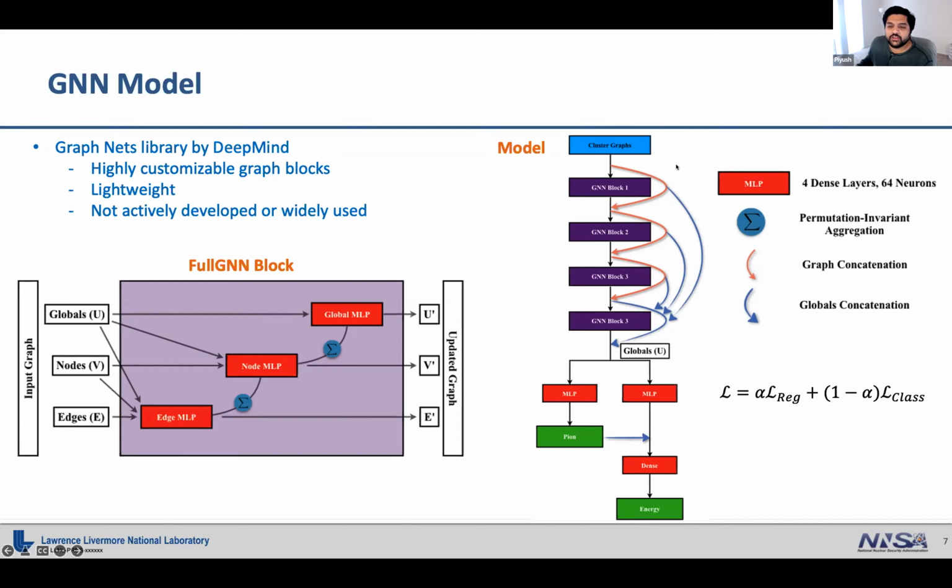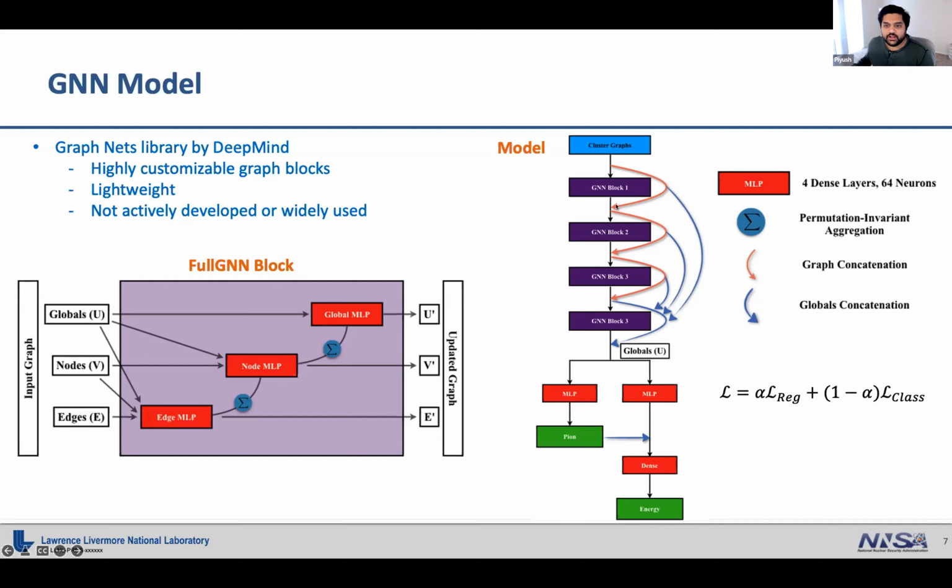And these connections that you're seeing here are similar to what you would call residual connections, just that in the case of residual connections, the previous step features are added to the new step features. In this case, these are concatenations. So say the node features here have a length of 64 and the input was a length of 8.